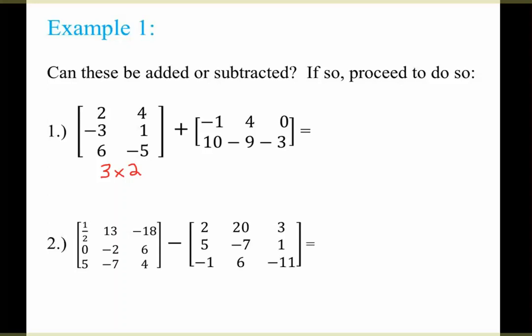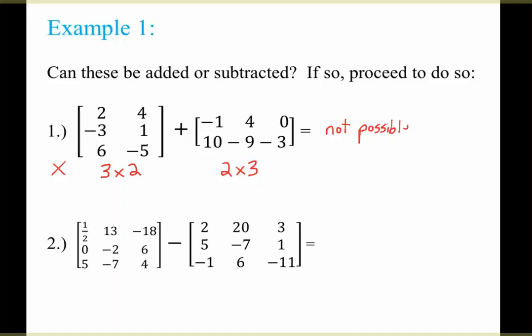And if I ask you what the dimensions are for the second matrix, hopefully you'll remember that this is a 2 by 3. Are these dimensions the same? No, they are not. They have to be exactly the same in order for you to be able to add these. Okay, so we're not going to be able to add these. So you could answer this with maybe something like not possible. You're not going to be able to do number 1.